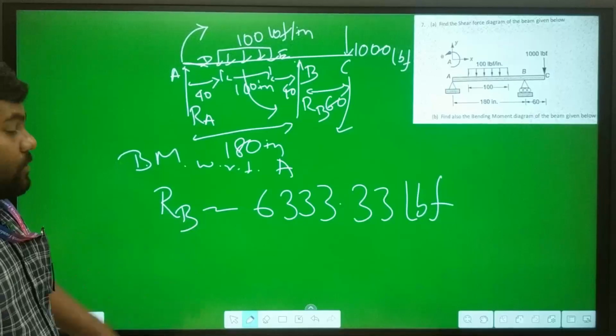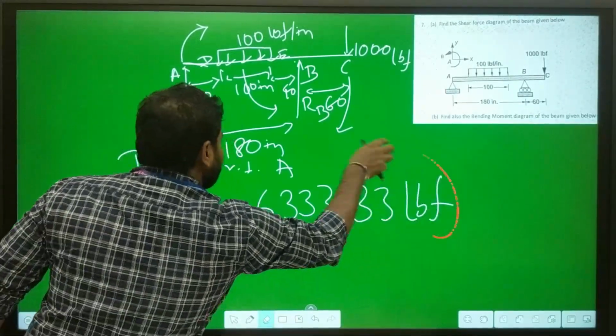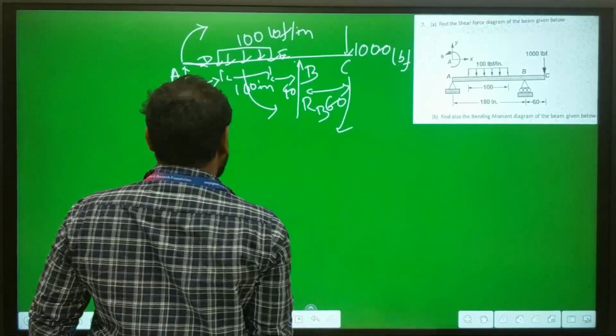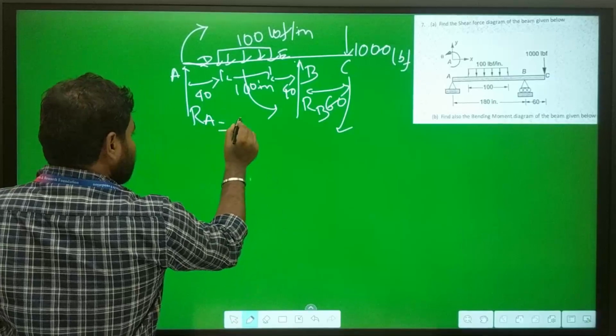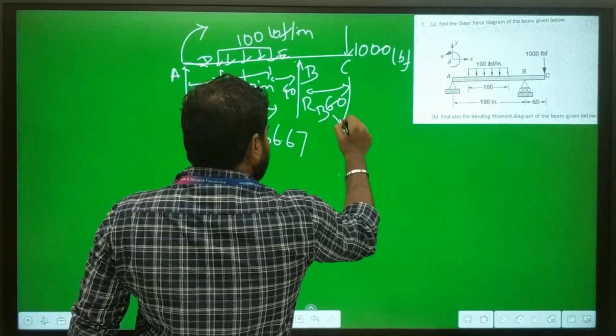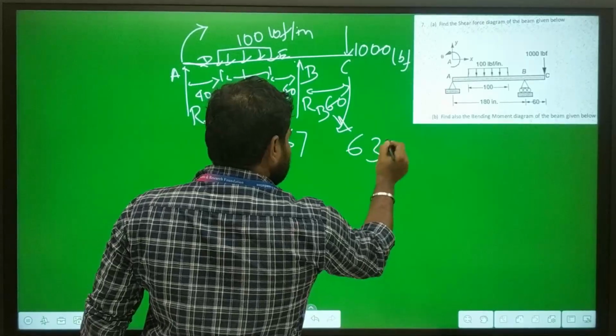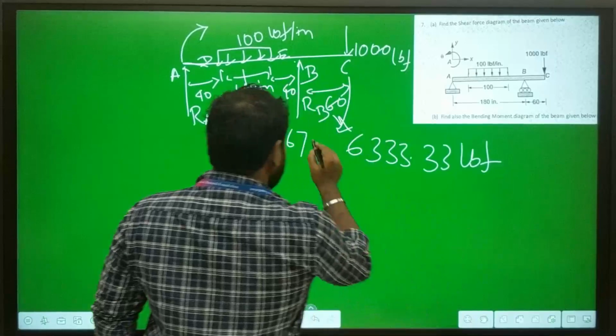You can cross check the values of RA and RB by yourself. So we can write RA is equal to 4666.67 and RB is equal to 6333.33 pound force.